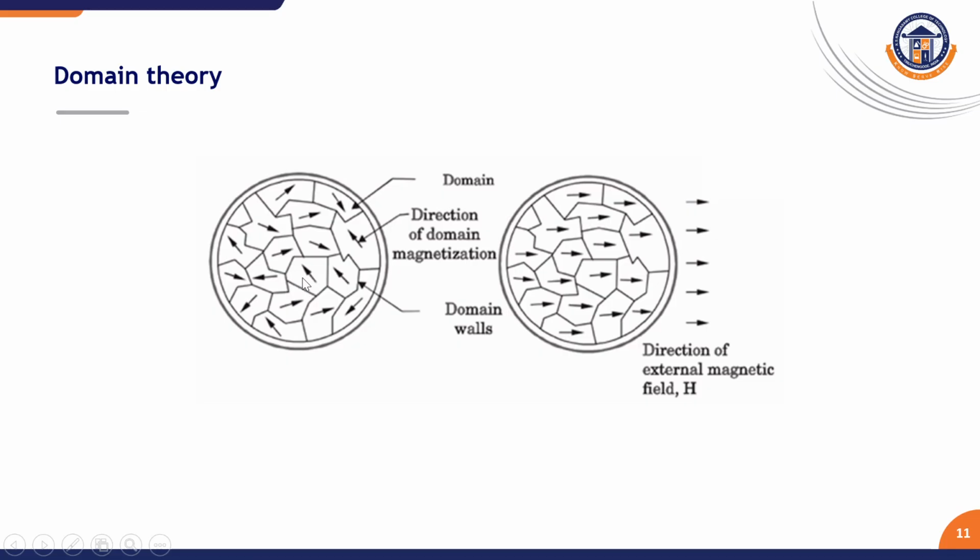However, in an unmagnetized sample, these domains are oriented randomly and the net magnetization is zero. When we apply a magnetic field, the domains begin to align with the field and the material becomes strongly magnetized. This theory was proposed to explain the very large magnetic susceptibility of ferromagnetic substances.